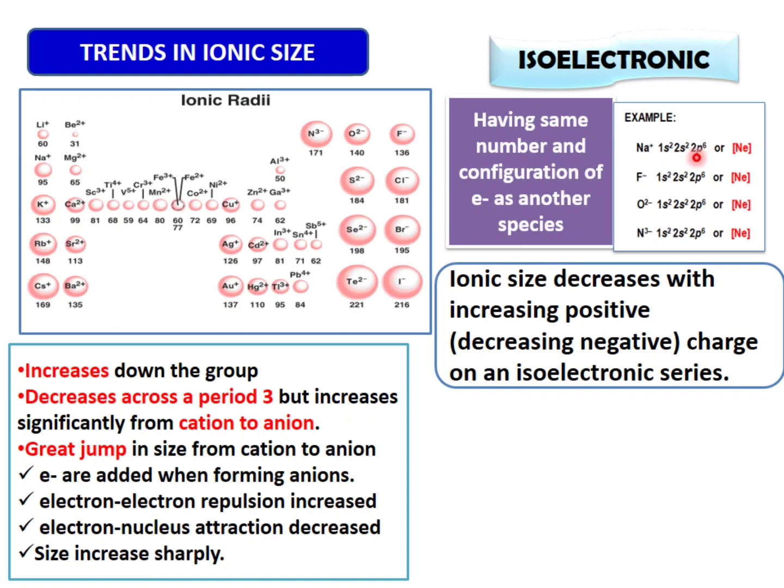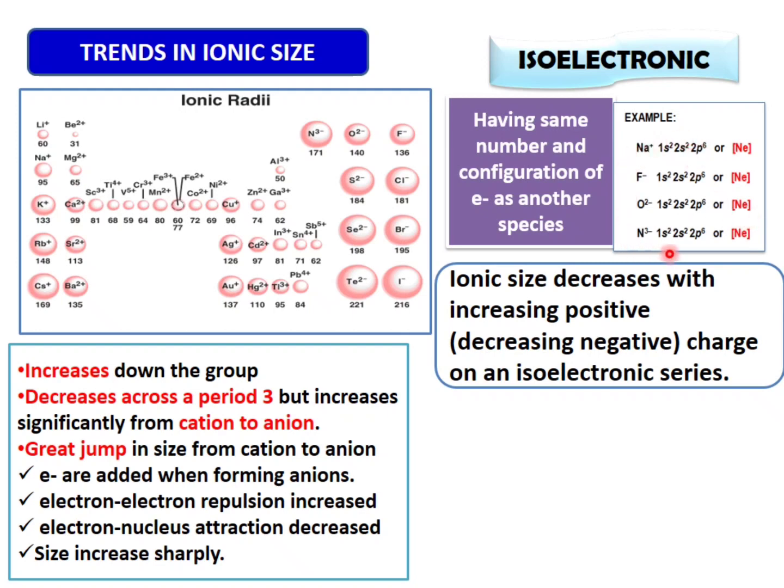For example here, you boleh nampak dekat sini, when sodium atom becomes sodium plus, so this is the electronic configuration. Okay, 1s2, 2s2, 2p6, which is the configuration of the noble gas neon. Same with fluorine, oxygen and nitrogen. Dia adalah elemen yang lain, tapi when it becomes ion, the configuration of electron is the same as neon.